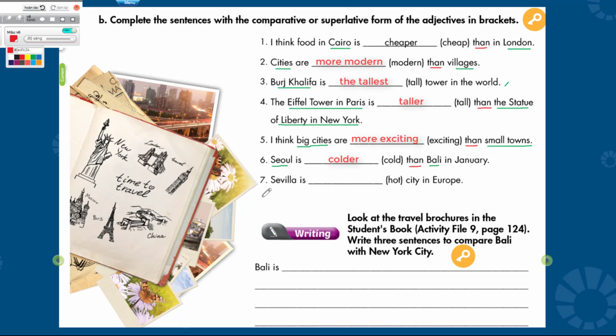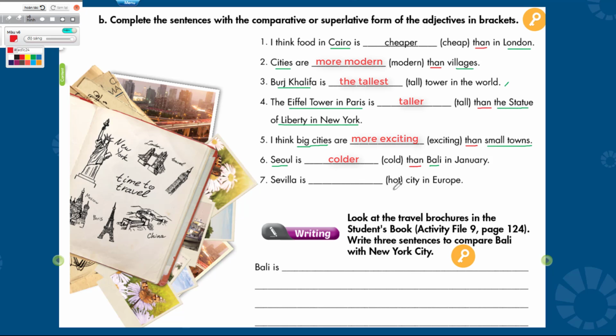Number 7 we have Sevilla is city in Europe. Sevilla là một thành phố nóng nhất ở châu Âu, right? Hot is a short adjective ending with consonant, vowel, consonant, right?